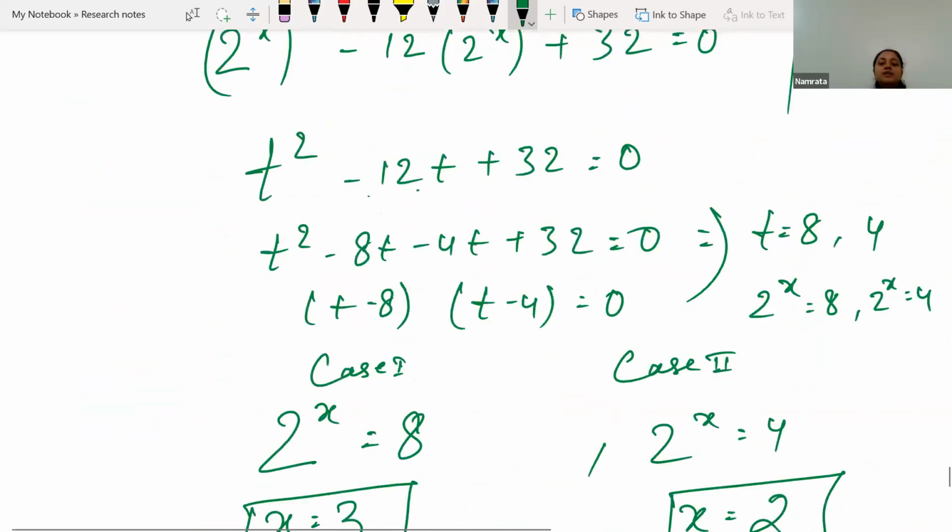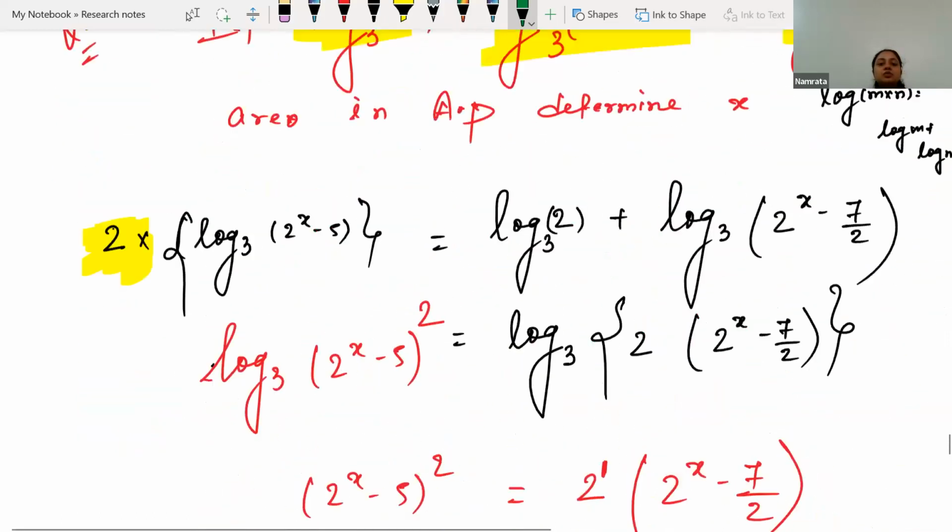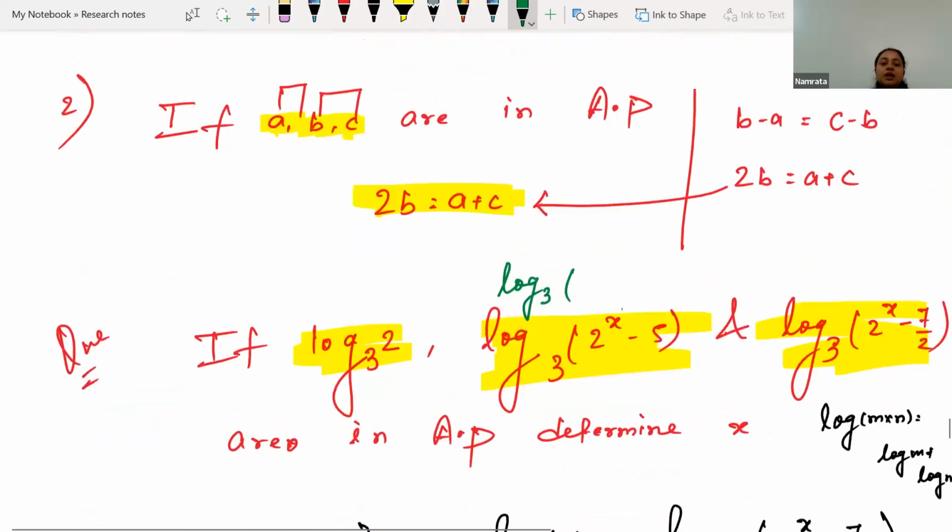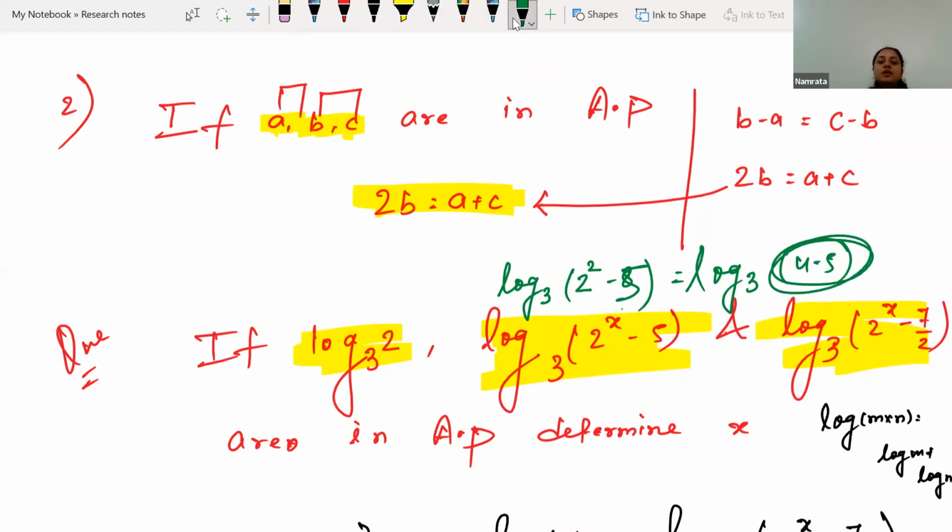One of the x is 3, another is 2. If we take x value as 3, it will be 8, and 8 minus 5 will generate a positive number, that is fine. If we take x value as 2, the other value of x, it will be 4 minus 5, giving us log base 3 of 4 minus 5, which will generate a negative number.